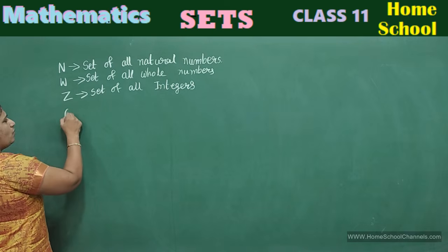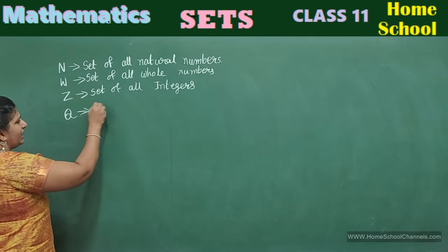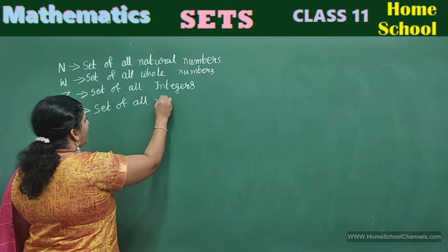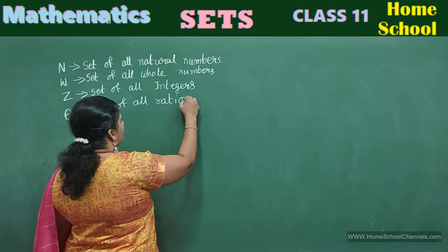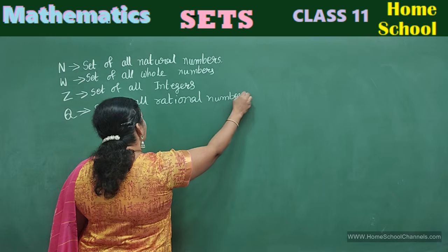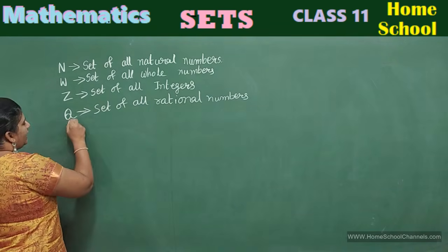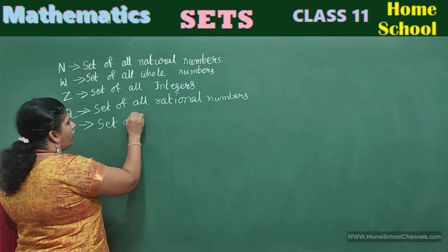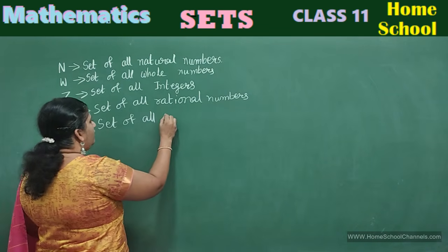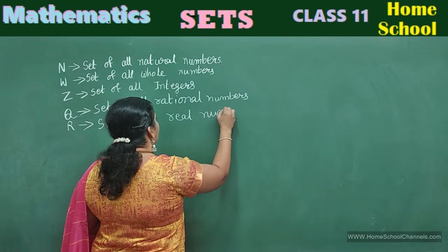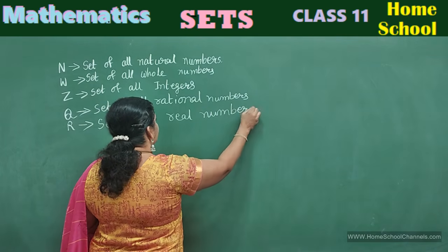Next, Q. Q indicates the set of all rational numbers. Capital R indicates the set of all real numbers.